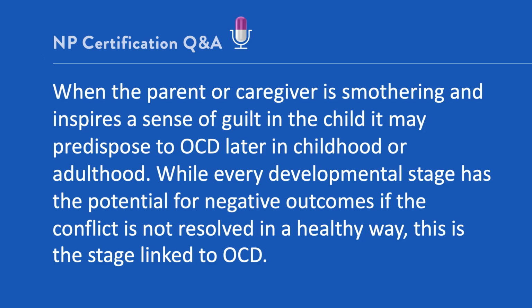And according to Erikson, the child in the autonomy versus shame and doubt stage who is not encouraged to safe autonomy, but is rather shamed for their independence and made to doubt their independence, this may predispose them to obsessive-compulsive disorder later on in childhood or even in adulthood. Well, every developmental stage has the potential for negative outcomes if the conflict isn't resolved in a healthy way. This is the stage linked to OCD, autonomy versus shame and doubt.